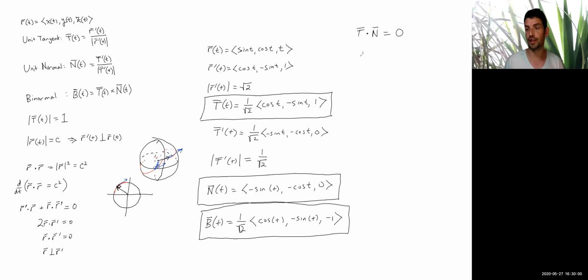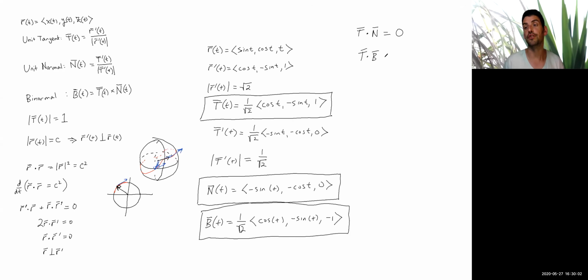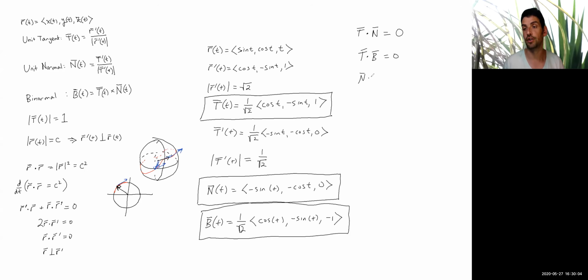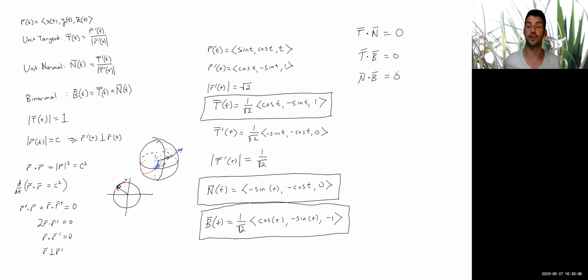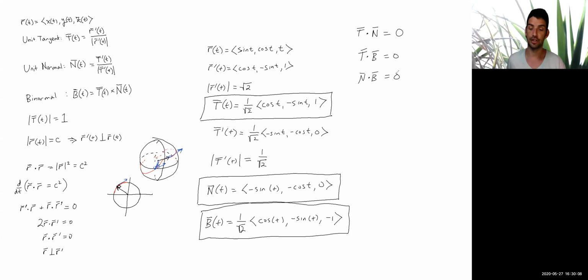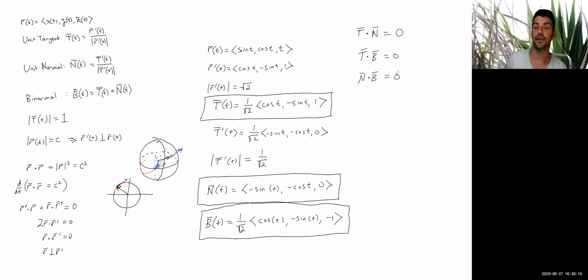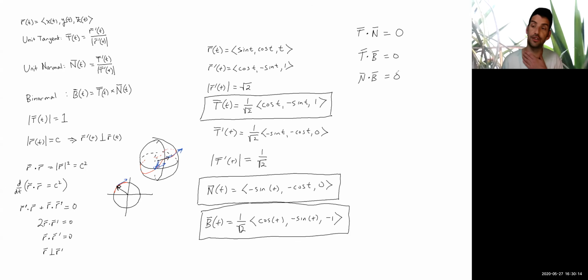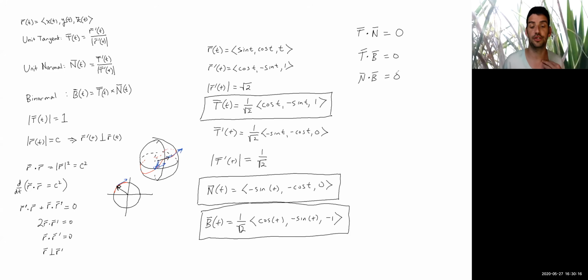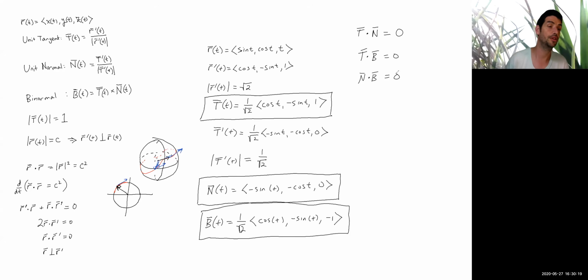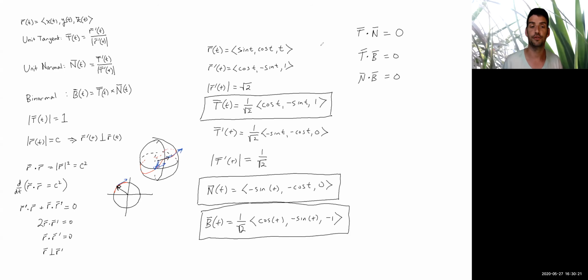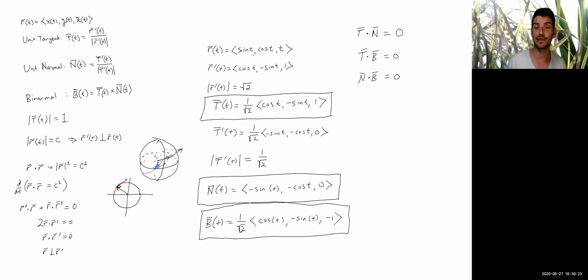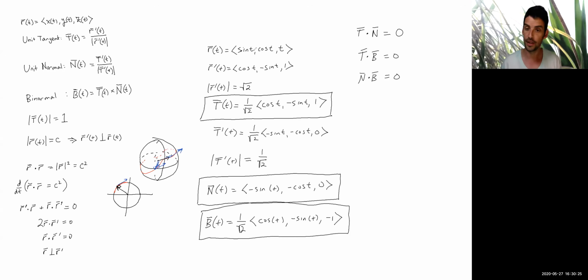Right? And you can do the same check for all of these. Their dot products are all going to be 0 because they're orthogonal to each other. It's also pretty quick to see that their magnitudes are all 1. Okay, so these are our tangent, unit normal, and binormal vectors for the function r of t equals sine t, cosine t, and t.